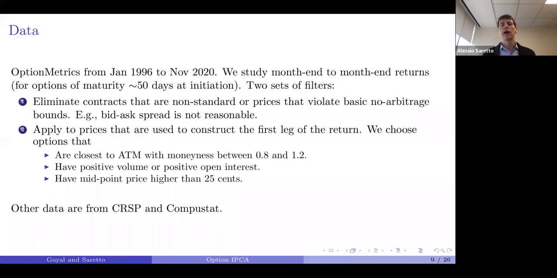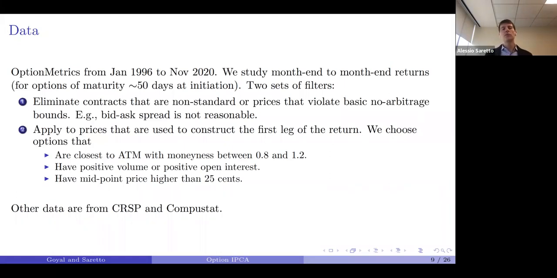Now, as close as possible to at the money in index options means something, in stock options means something very different, because the strikes are so coarse that you have to choose different bins. Again, in our original paper, we were trying to be very, very close. It seems like people have chosen the 0.8 to 1.2 interval as close enough. So that's what we're going to do as well.